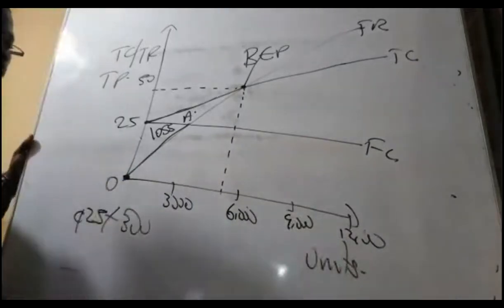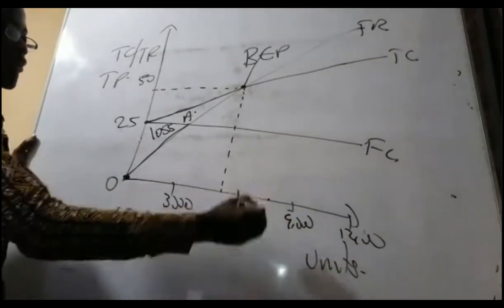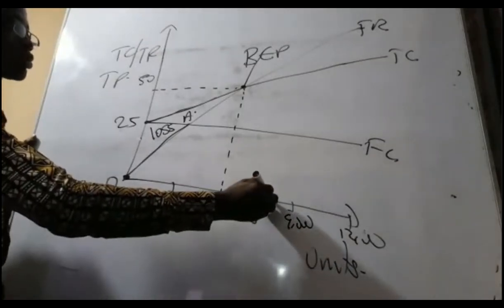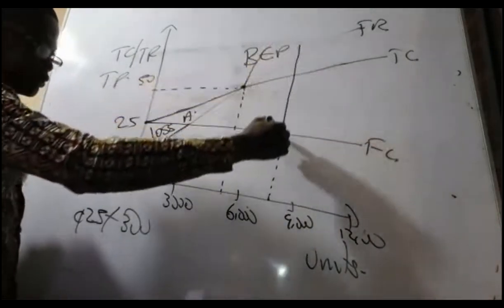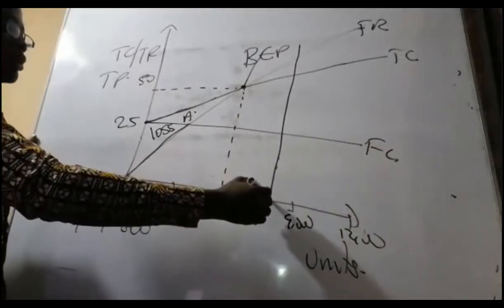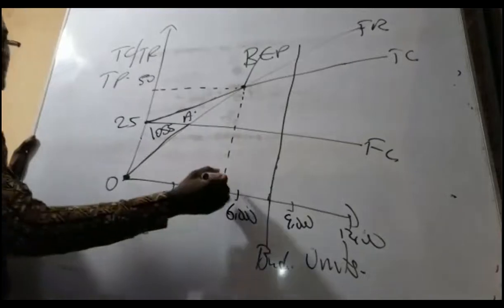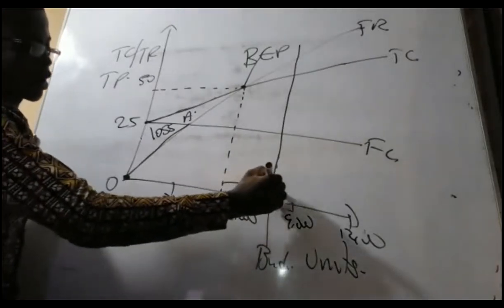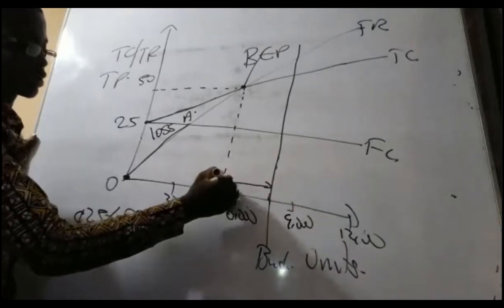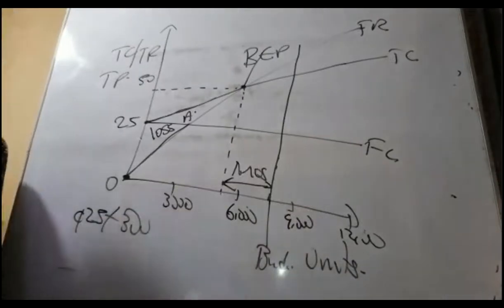Now you realize that 7,500 is somewhere here. This is the budgeted level, budget. Now, the distance between the break-even and the budget is called margin of what? Safety. Perfect. Margin of safety.